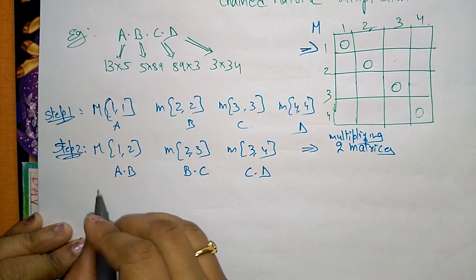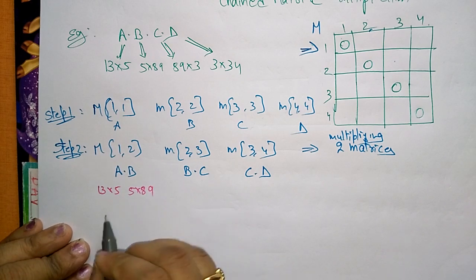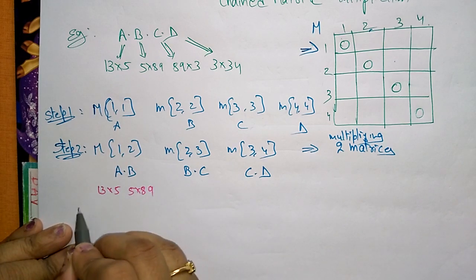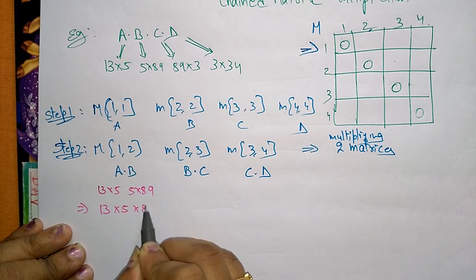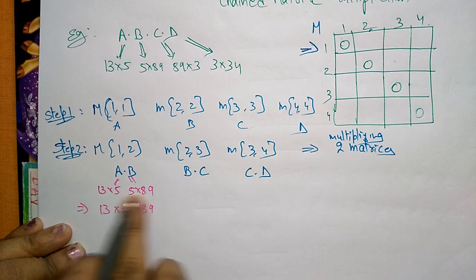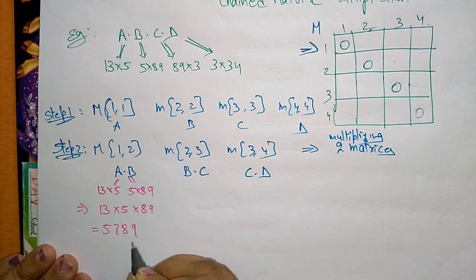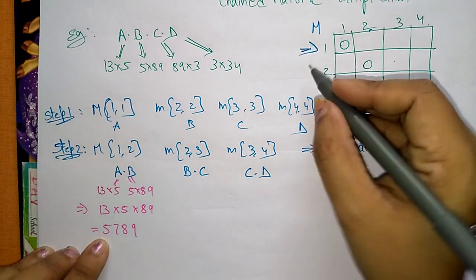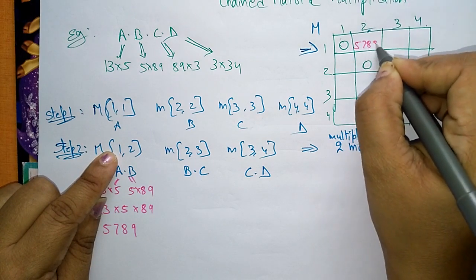Let us see. That is 13 by 5 and 5 by 89. From this we have to multiply 13 into 5 into 89. The result is 5785. So write M of 1, 2 is 5785.